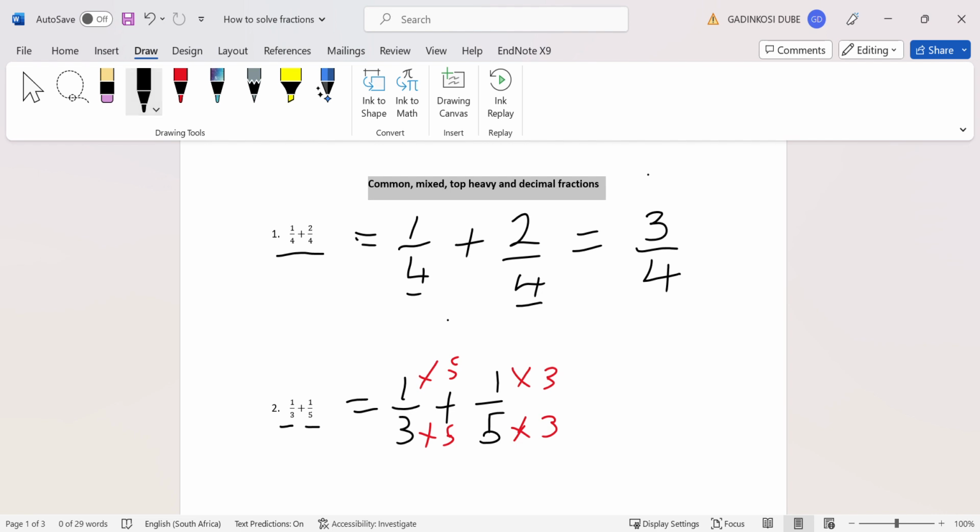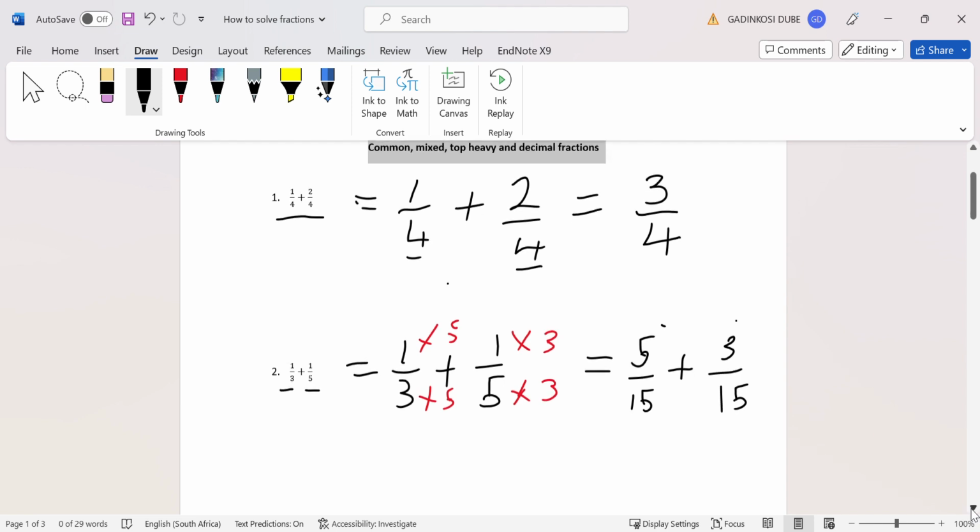So now basically let's look at it. Once you've done that, so there you're going to have 5 because you've multiplied out, over 15 plus 3 over 15, and then you can simply add the numerators to get 8 over 15.